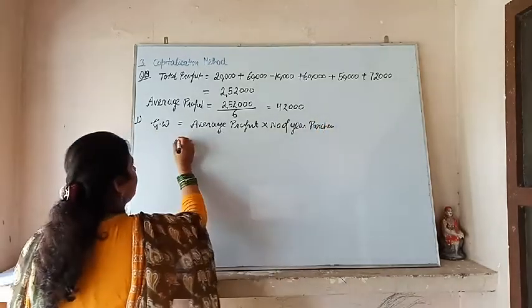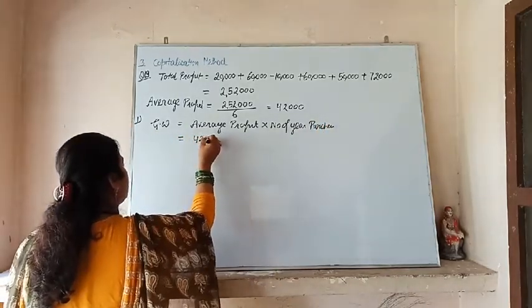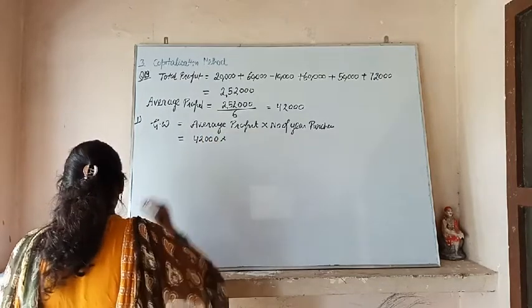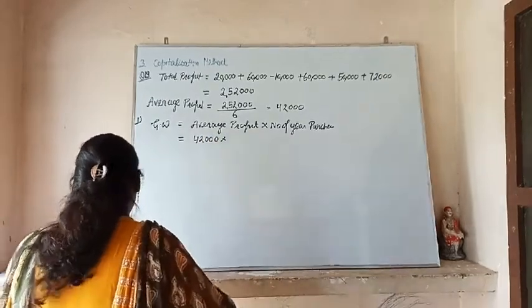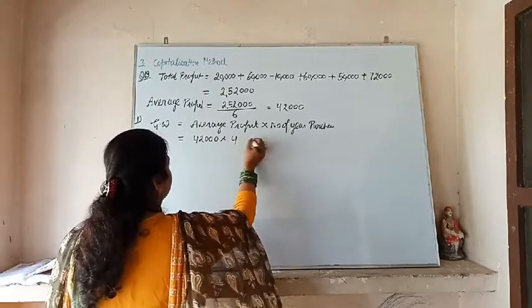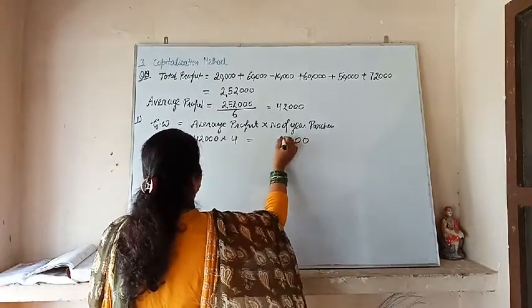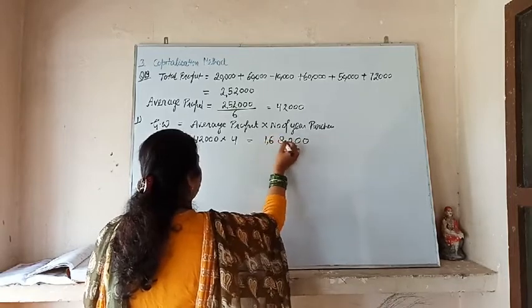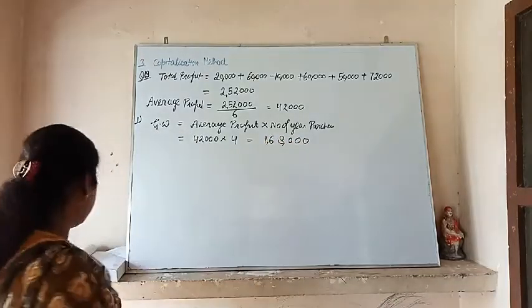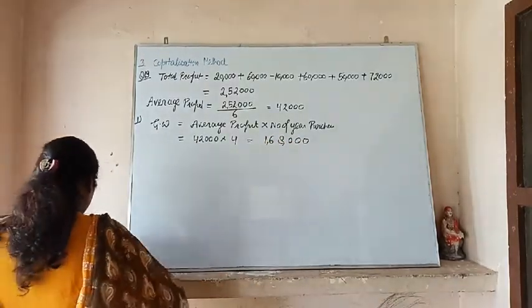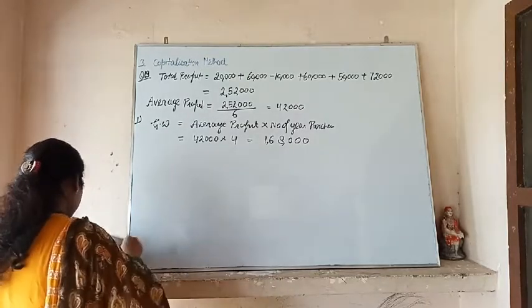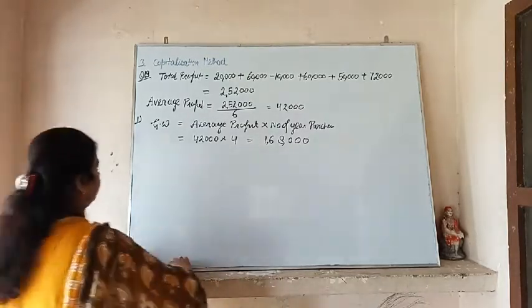Average profit is given in the question, it is 42,000. How many years purchase? 4. How much does it come? 1,68,000. Now, I am going to solve the next question.